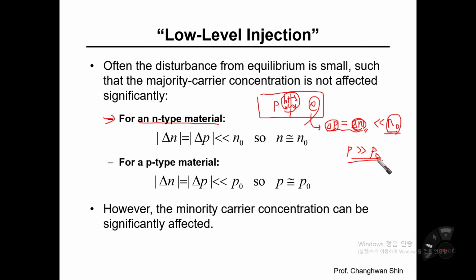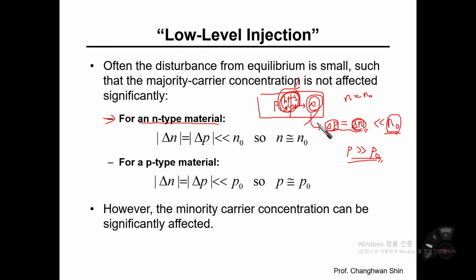Again, in this N side material, the total number of majority carriers is not changed at all, because the total number of holes injected from the P side to the N side is too small. So this hole would not affect the number of electrons in the N side. So N is equal to N naught.